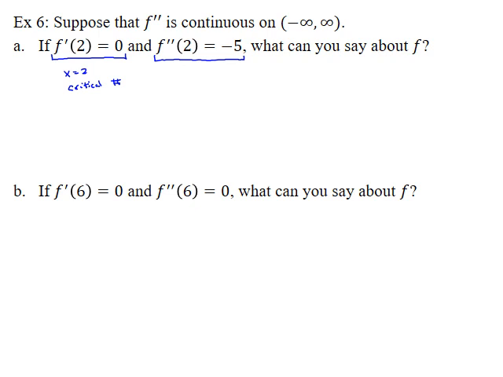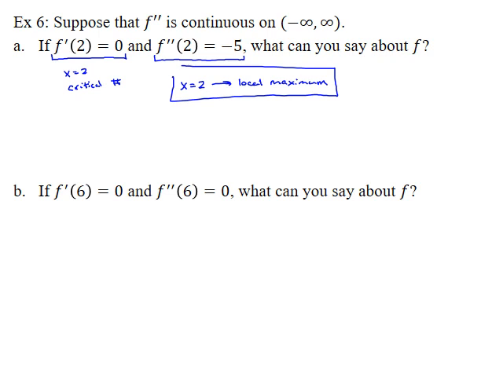When I plugged 2 into the second derivative, it gave me negative 5. When you get a negative number, this tells me that at x equals 2 you have a local maximum, because remember, it works backwards when you do the second derivative test. So what does this tell us? That's all it tells you. It tells you that x equals 2 is not only a critical number, but also a local maximum.